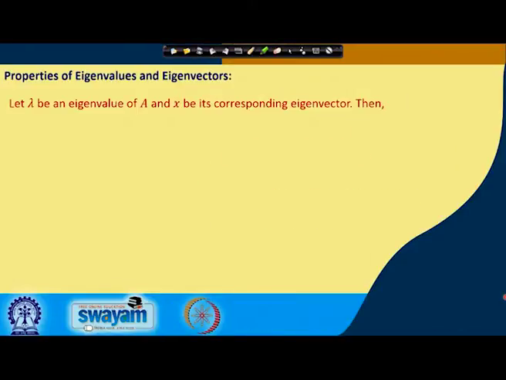So, here the first property. If we have lambda as an eigenvalue of A and x is its corresponding eigenvector, then alpha A has eigenvalue alpha lambda and the corresponding eigenvector is x. So, what is this property?